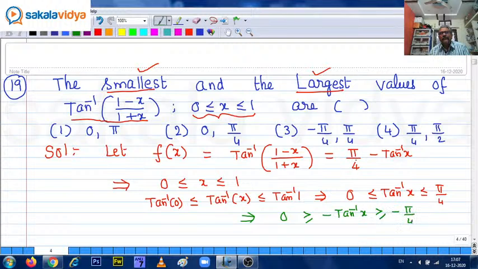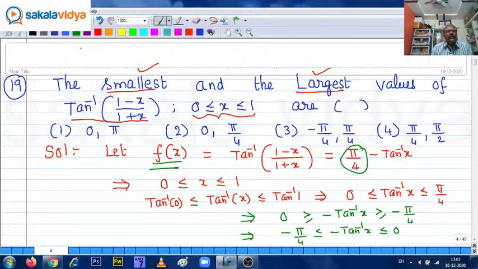So now pi by 4 needs to be added. It can be written in reverse order also: minus pi by 4 less than or equal to minus tan inverse x less than or equal to 0. Add pi by 4 to get f of x. So 0 less than or equal to pi by 4 minus tan inverse x less than or equal to pi by 4.